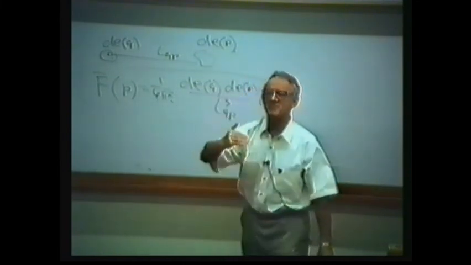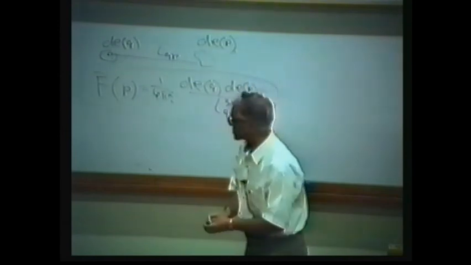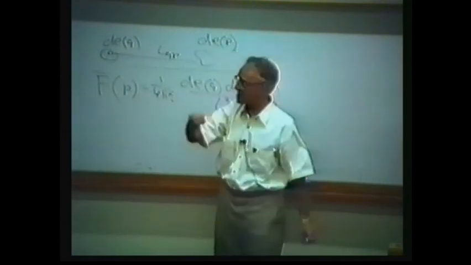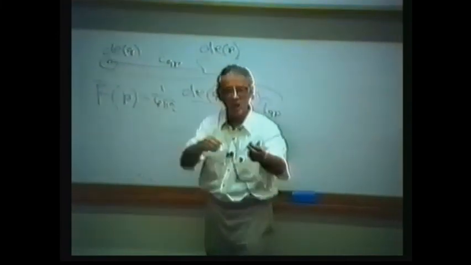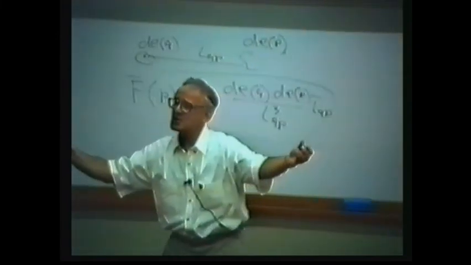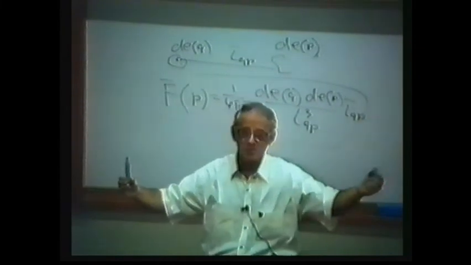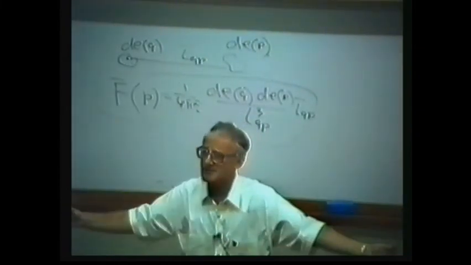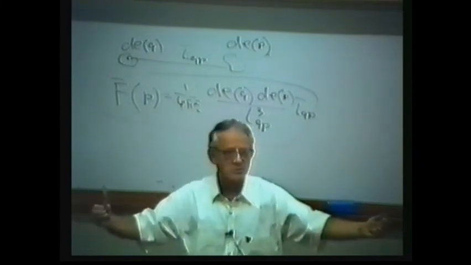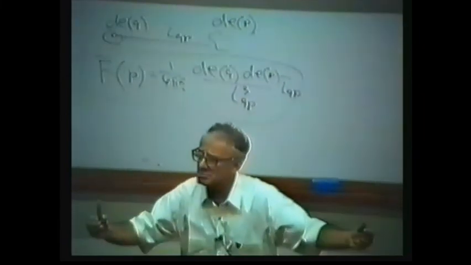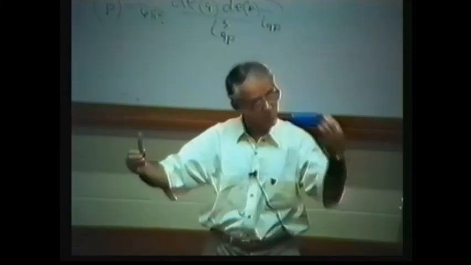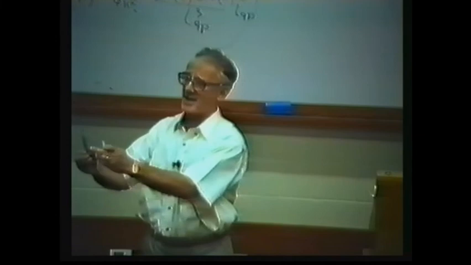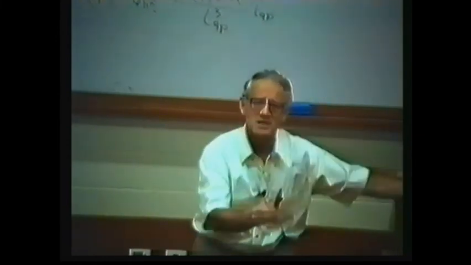Now, let us make the next step. A physicist, not a mathematician, came to a conclusion. This charge, for some strange reason, acts on this charge. How does it happen? What is going on? He then came to the conclusion that whether we have a charge here or not, this charge creates something around.